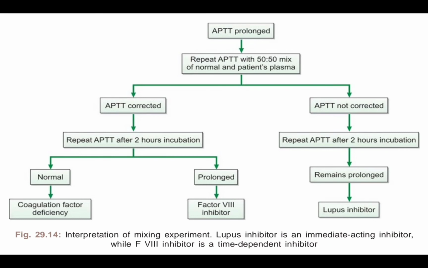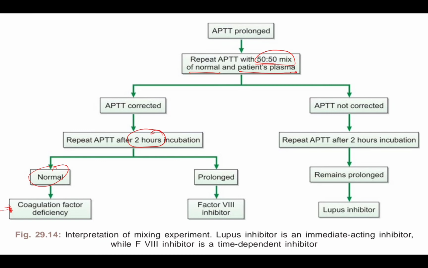Now, if the APTT is prolonged, we further work up with a 50-50 mix of the normal and the patient's plasma. If the APTT is corrected after adding the normal plasma, repeat the APTT after 2 hours of incubation. If it remains normal, we can conclude that there is a deficiency of coagulation factor.